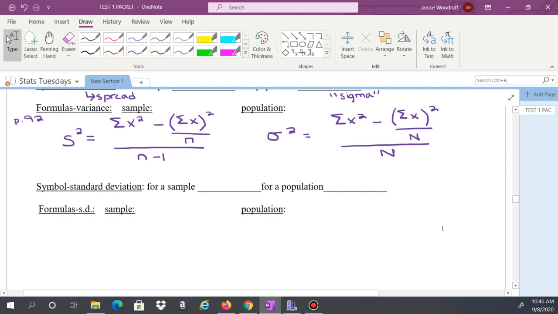Standard deviation is going to tell you, here's the technical definition for it, a measure of how close the data is to the mean.